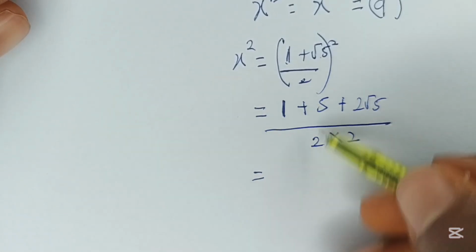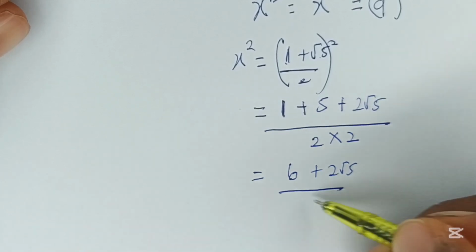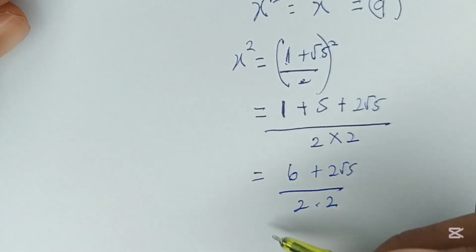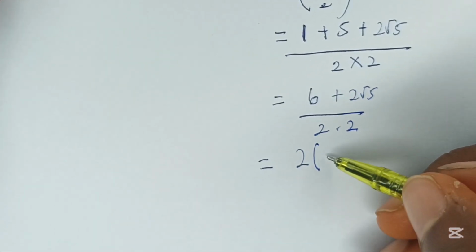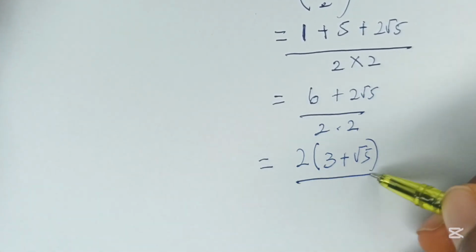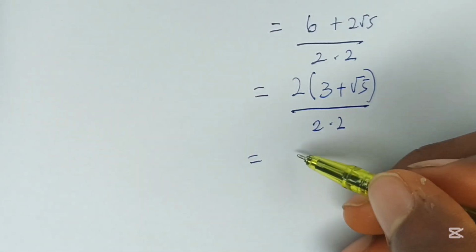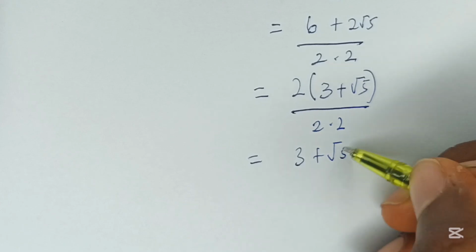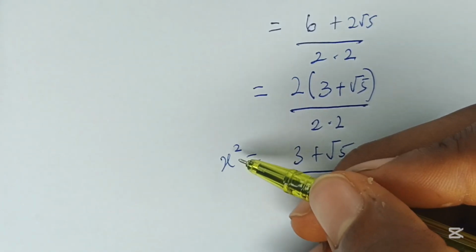This is equal to 1 plus 5 is 6, plus 2 root 5, all over 2 times 2. And this is equal to 2 into (3 plus root 5) all over 2 times 2. And this now becomes equal to (3 plus root 5) all over 2. So this is our x squared.